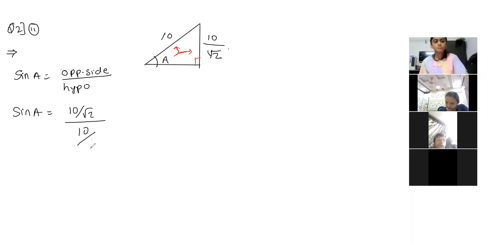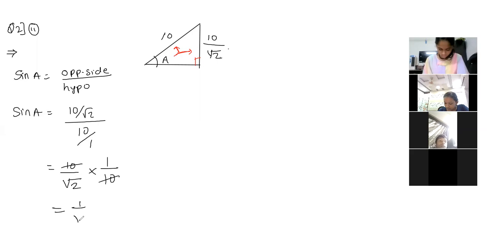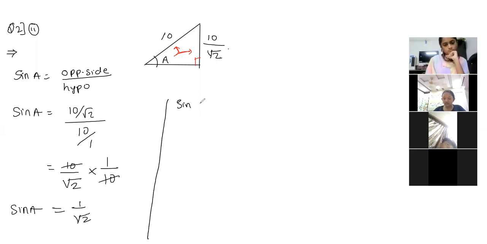In the denominator of this there is 1. So just write 10 upon root 2 as it is, into take the reciprocal of this, 1 by 10. So this 10 cancels. This becomes 1 by root 2. This is sine A. Sine of which angle has the value 1 by root 2? Sine A is equal to sine 45, correct? So therefore A is equal to 45 degree. Sum solved.